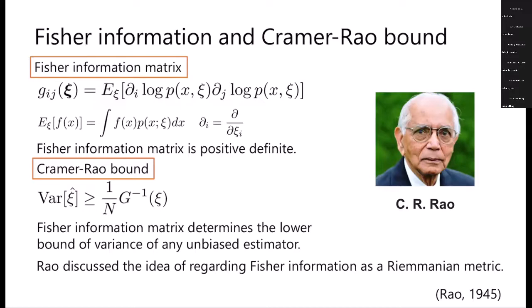And interestingly, this Fisher information matrix actually determines the lower bound of the variance of any unbiased estimator of the parameter xi. So this Fisher information matrix determines the accuracy of the estimate, closely related to estimation theory.